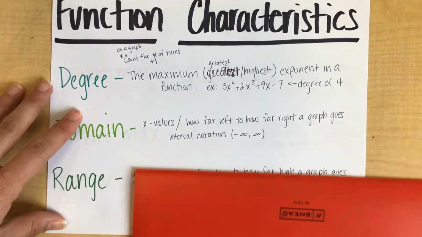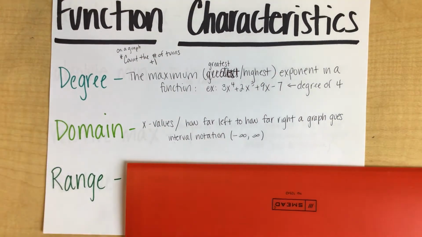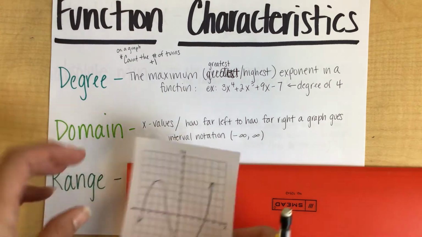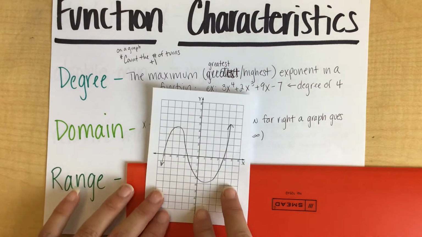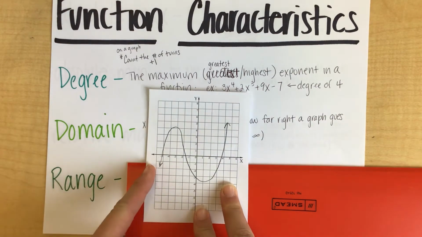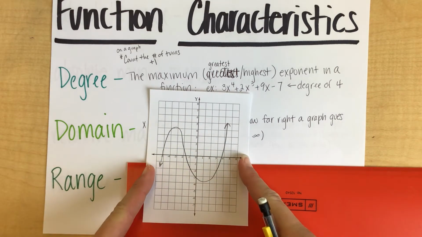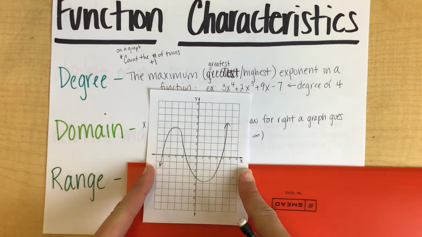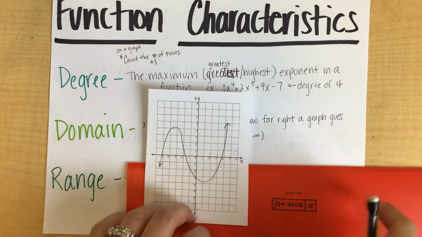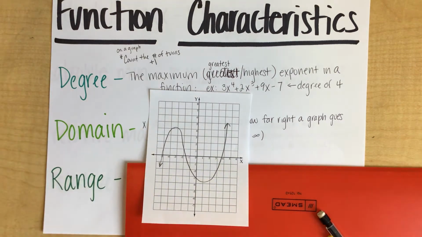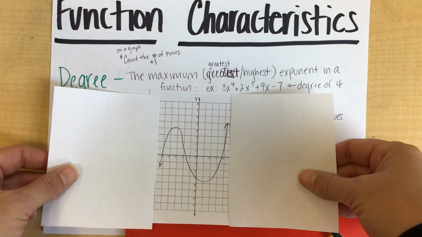All right, then we have range. I'm sorry, let's look at our example for domain. So if this is our graph, we want to know how far left to how far right our graph goes. We're looking at the x-axis here, okay? So when I'm looking at this, I'm thinking to myself, if I were to take pieces of paper and cap this off, notice there's arrows.